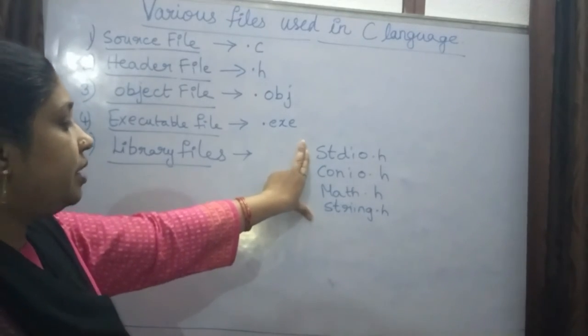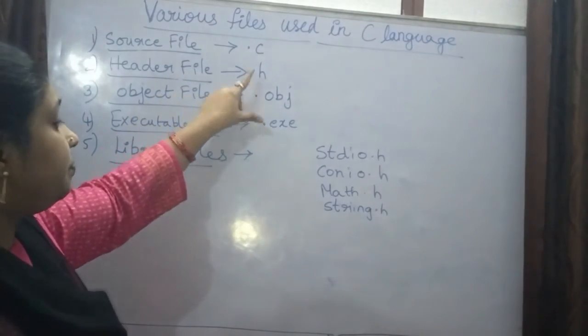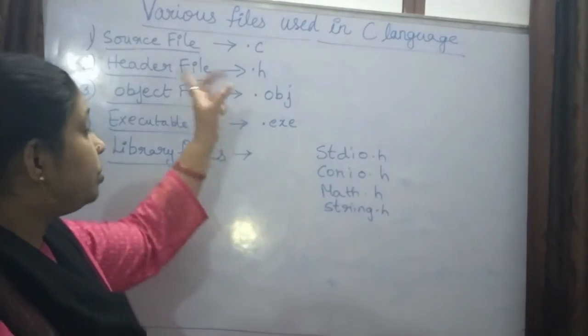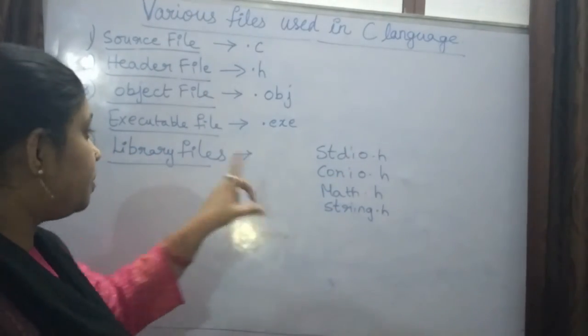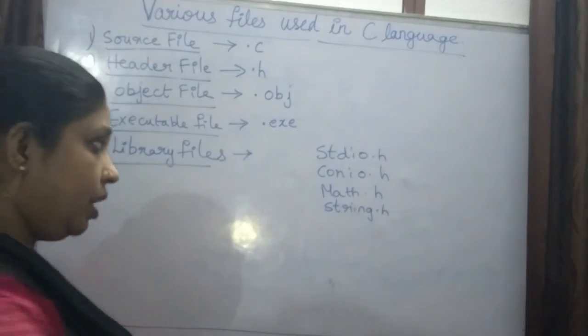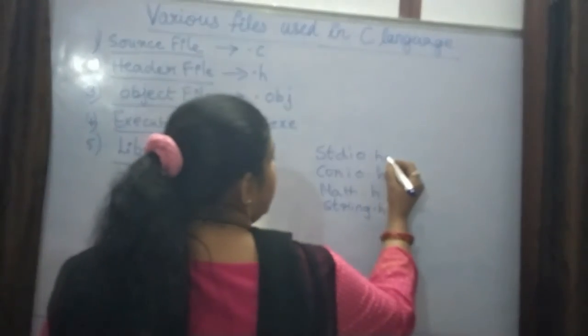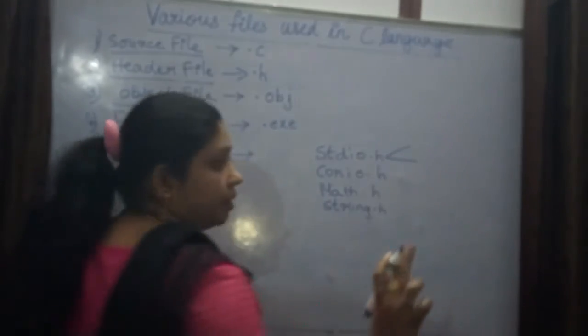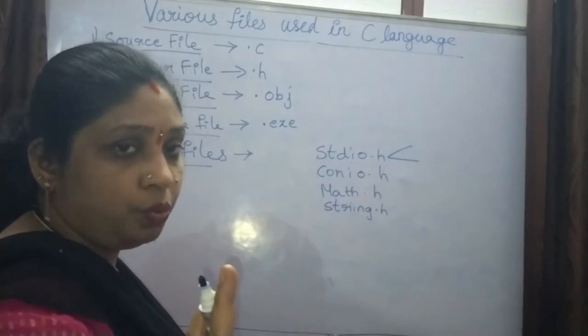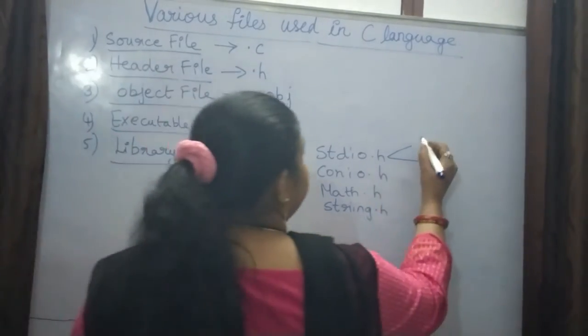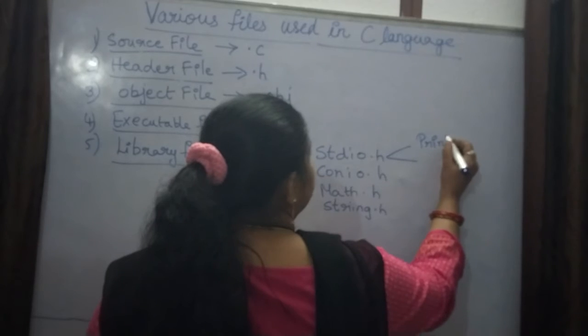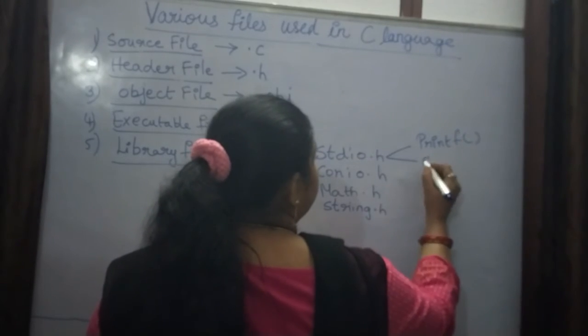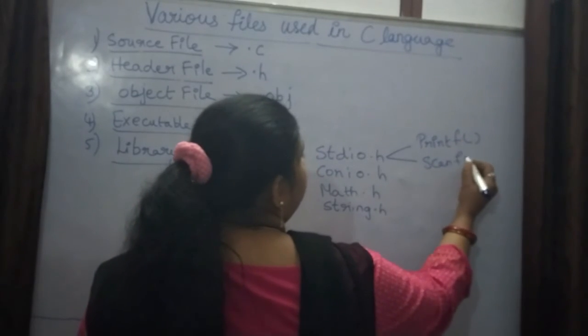I said that whenever you see .h, those are header files. In these, many libraries are there. I will tell you what those libraries are. For example, I will take two examples: the printf function and the scanf function.